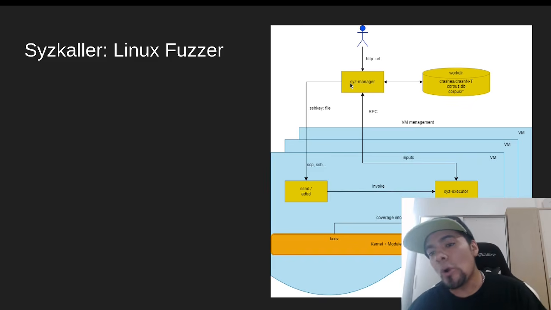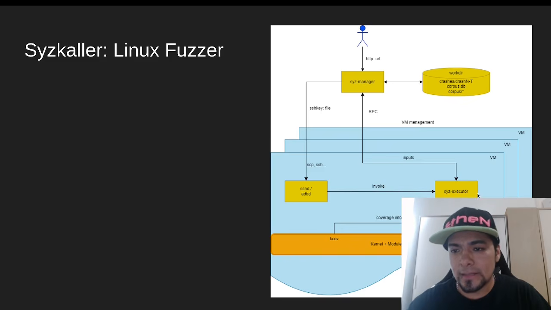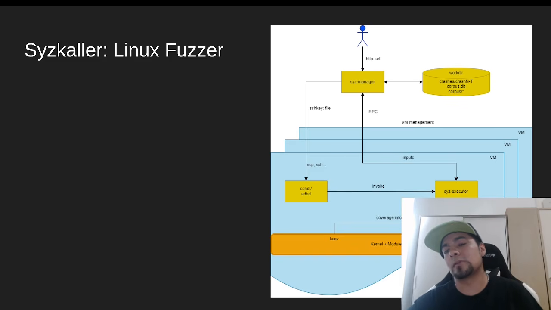Of course, when you are going to find vulnerabilities in the Linux kernel, you need to compile the Linux kernel and put it in a virtual machine, in the best cases, for example QEMU. So these blue rectangles are the virtual machines, and you communicate from the host to the virtual machine through SSH.